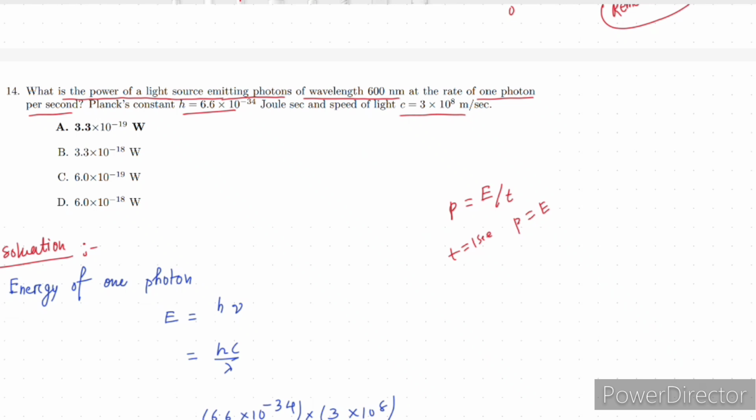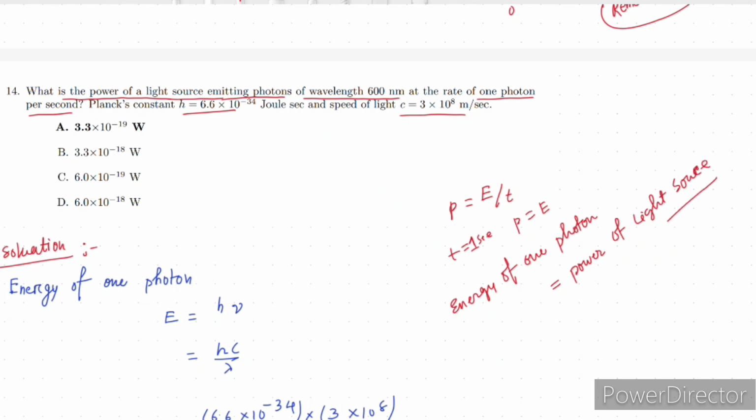So the energy of one photon is exactly the power of the light source, because one photon is emitted per second.